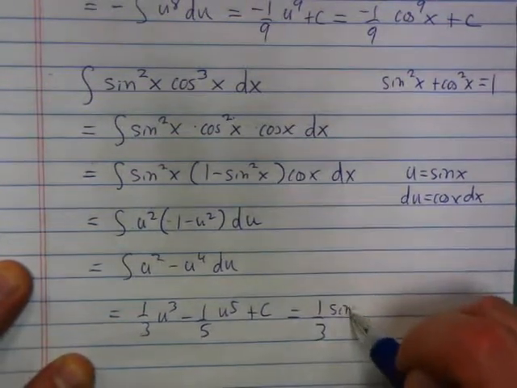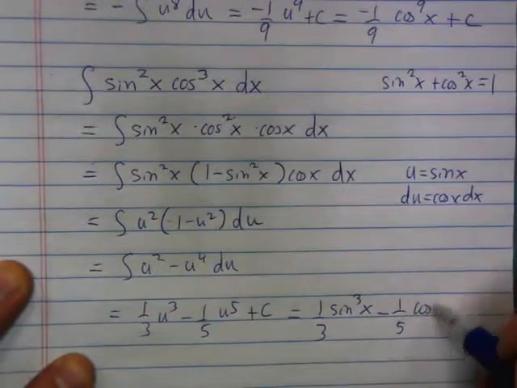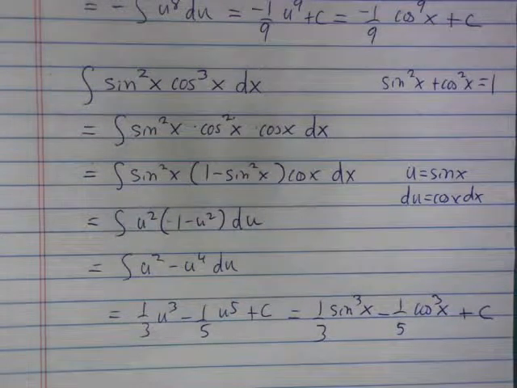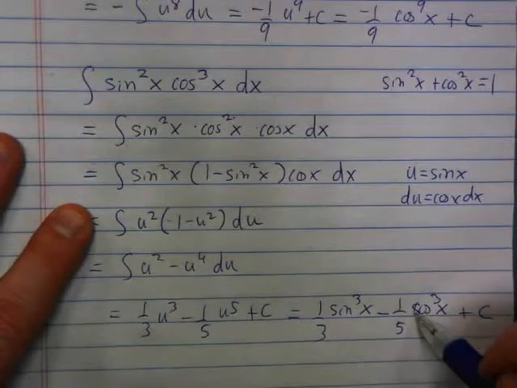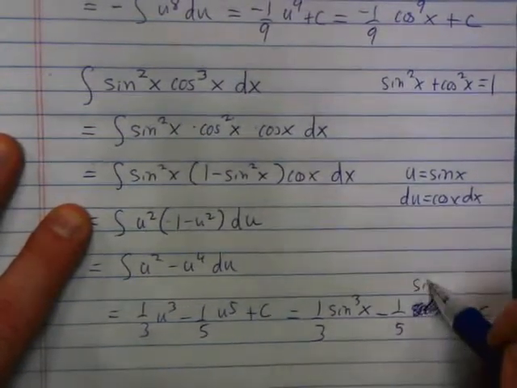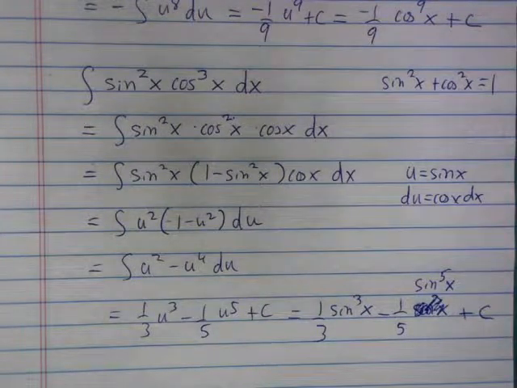So 1/3 sine cubed x minus 1/5 sine to the fifth x plus c. I don't know what I was thinking there with the cosine.